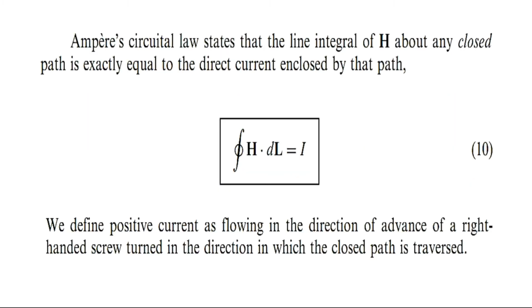Ampere's circuital law states that the line integral of the magnetic field intensity about any closed path is exactly equal to the direct current enclosed by that path.